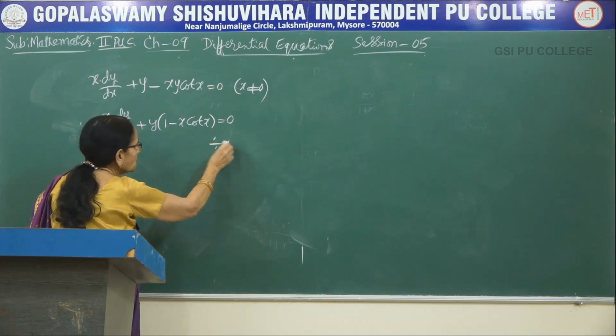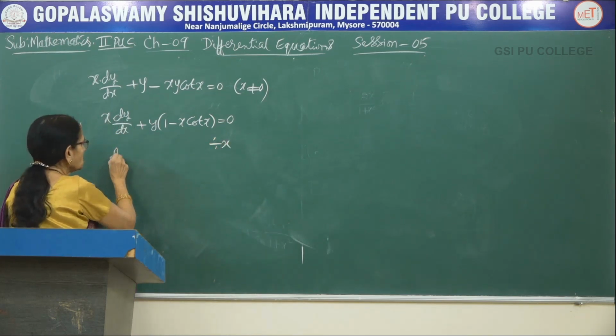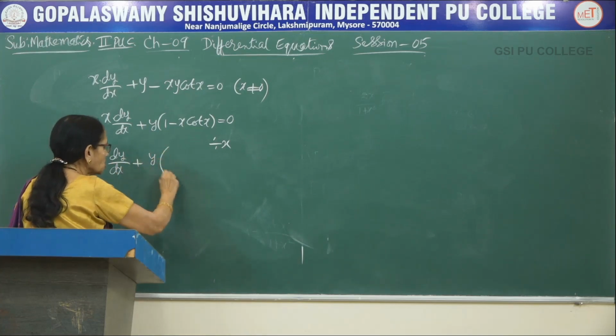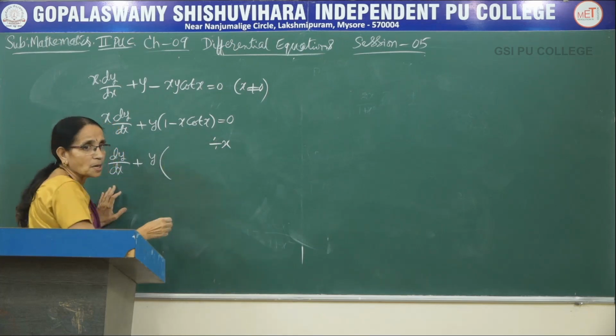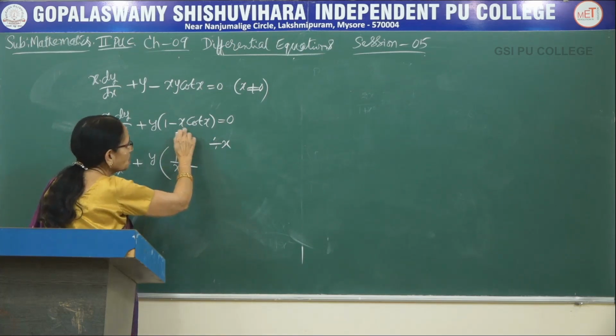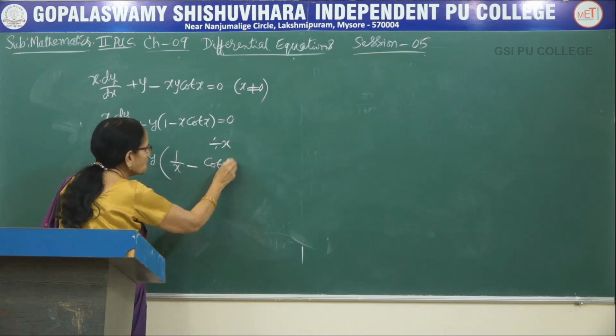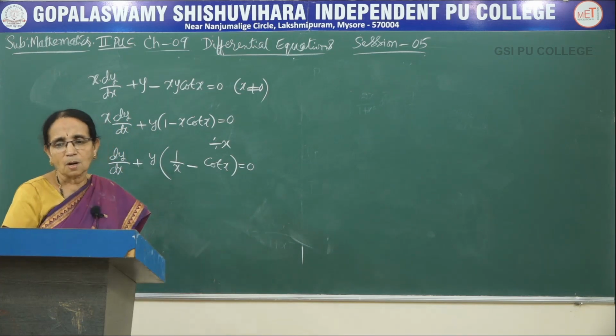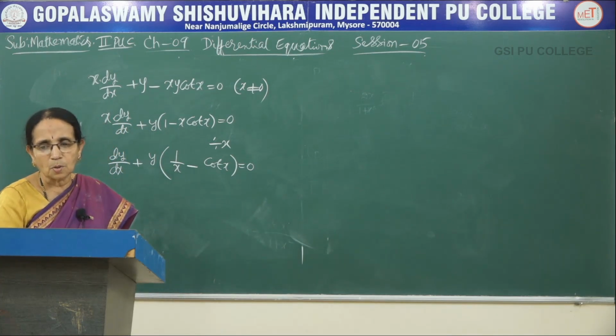At present we divide by x here, that is dy by dx plus y into, there are two terms here, divide both of them by x, that is 1 by x, and x is cancelled here, it is cot x, that is equal to 0.